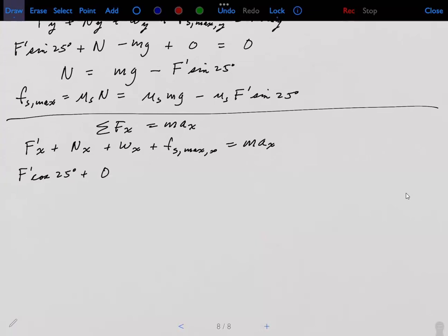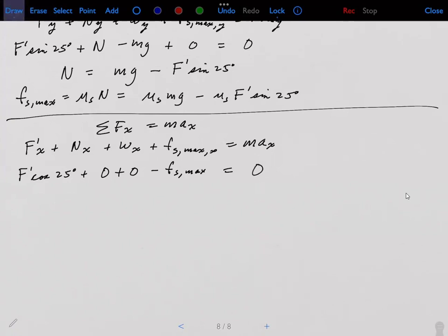There's no x component of the normal force, no x component of the weight. And then the x component of Fs max was negative that entire magnitude, so just negative Fs max. And that's got to equal max. But ax is 0 in this case, because remember, this is just when it's on the verge of moving. So it's not accelerating yet, so that's 0.